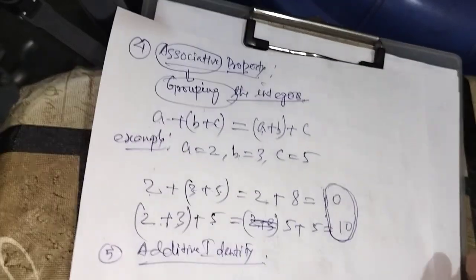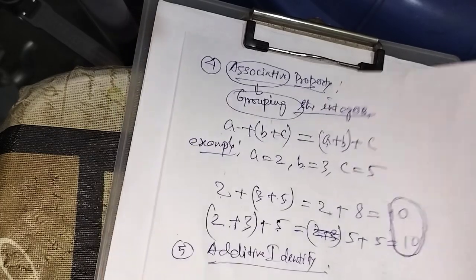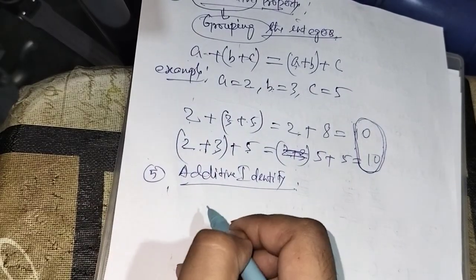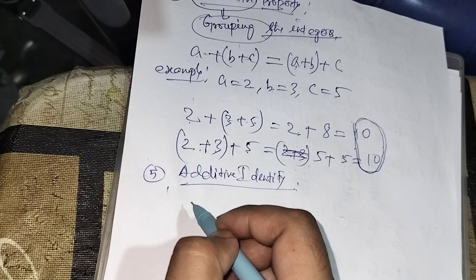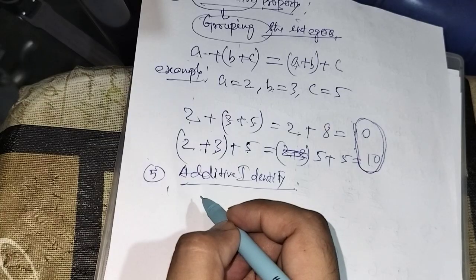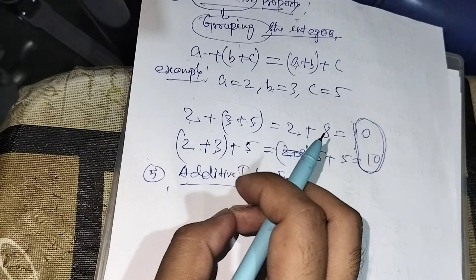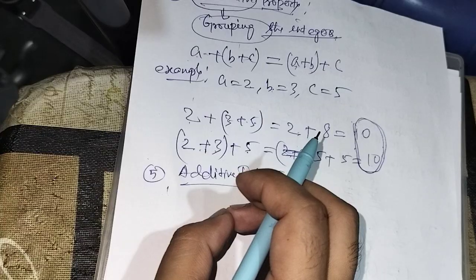See, when I add or subtract any integers with 0, we get the same number. This property says that when I add or subtract any integers with 0, then I get the same result.